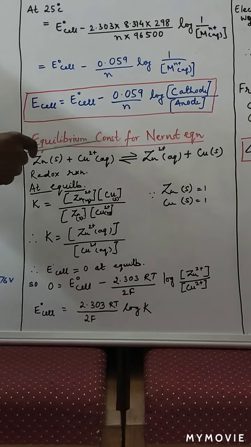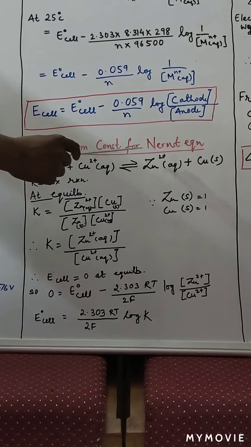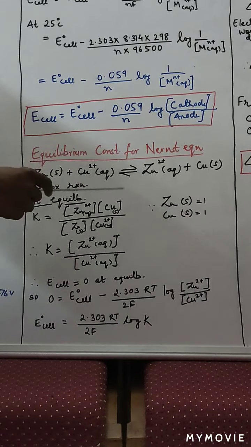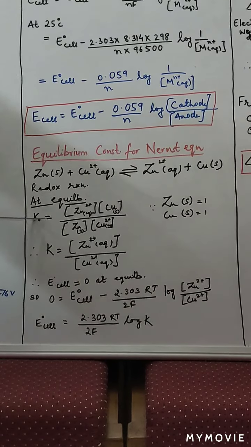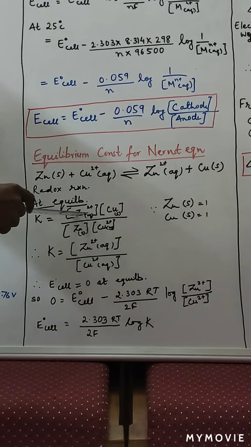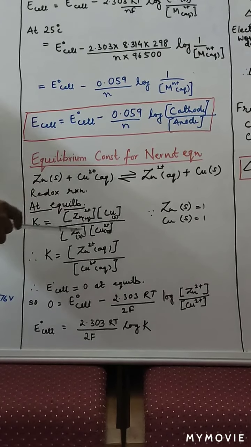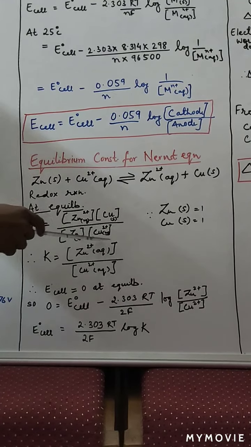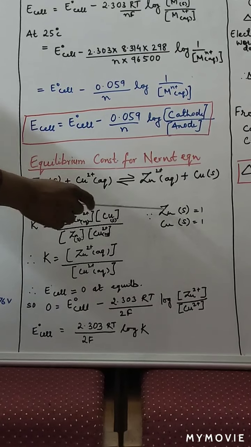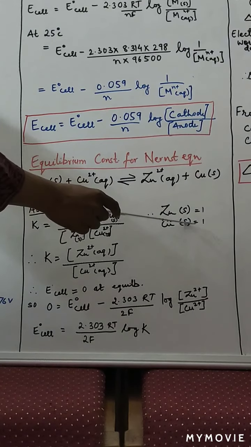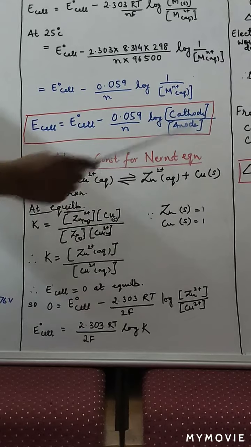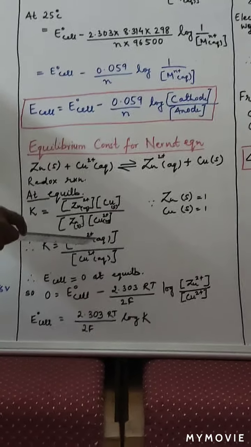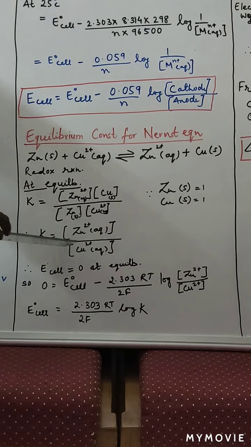So assuming that the concentrations are Zn 2 plus aqueous and Cu 2 plus aqueous, at equilibrium we have the equation: equilibrium constant K equals Zn 2 plus times Cu solid divided by Zn solid and Cu 2 plus. Because zinc and copper are in solid state, the value of both of them will be equal to 1. So we have the final equation: K is equal to Zn 2 plus ions aqueous divided by Cu 2 plus aqueous.